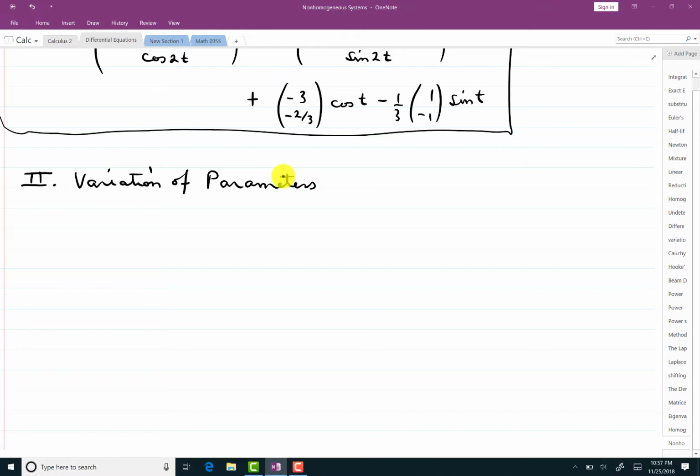Alright, so we're going to be solving the same kind of an equation, of course. Which of these you use is just a matter of preference. Of course, the f vector will not be 0 in this case. And let's say that x sub c equals c1 x1 plus c2 x2.